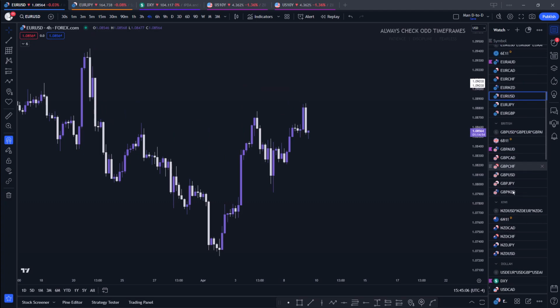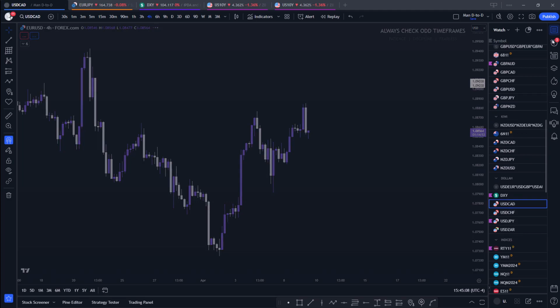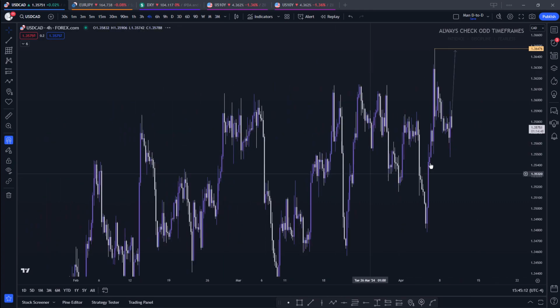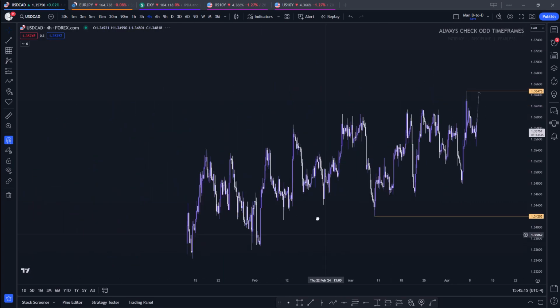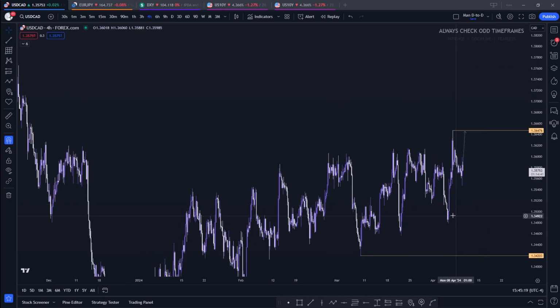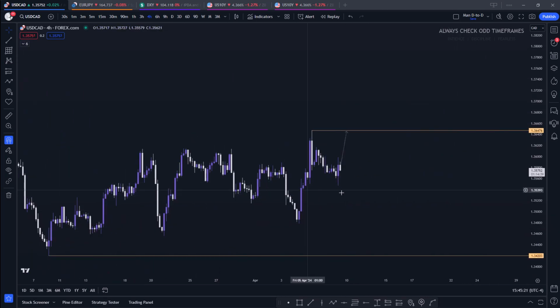I would have also looked at USDCAD because I saw a similar setup from the 4-hour. From the higher time frame, when you look at it zoomed out, it literally just looks like sideways chop. Nothing looks clean here at the moment.